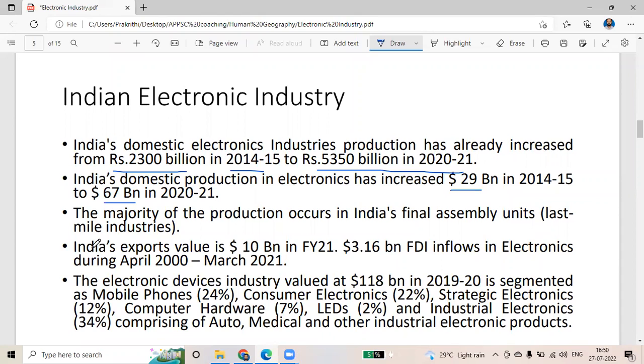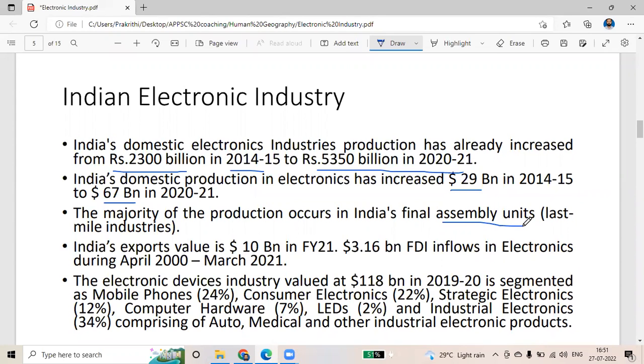In Indian domestic production, the largest part is assembly units. As I said, we mostly depend on imports for the small electronic components, from the chipset. Even though we are producing, the chipset and processor, all these things we are importing. So India will assemble all this and we will export.